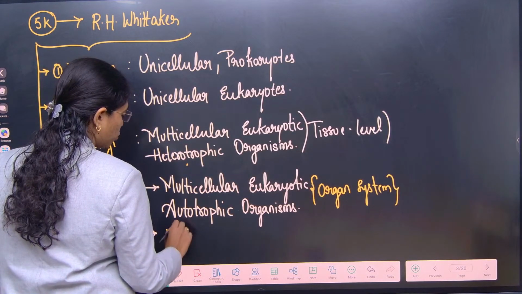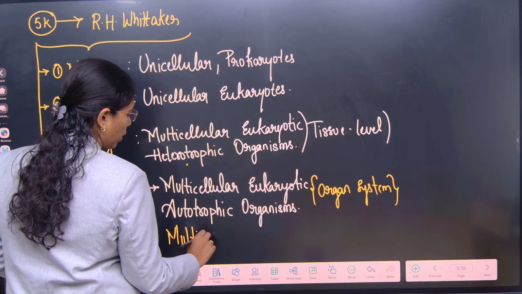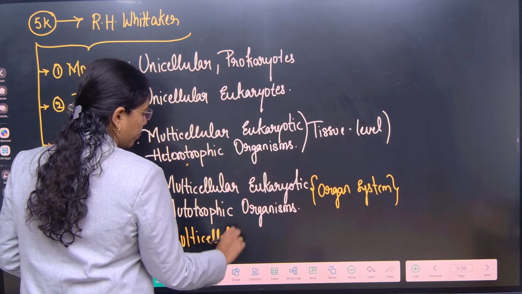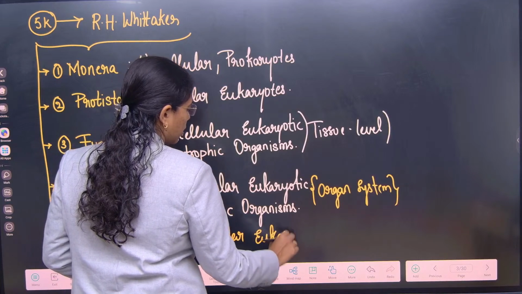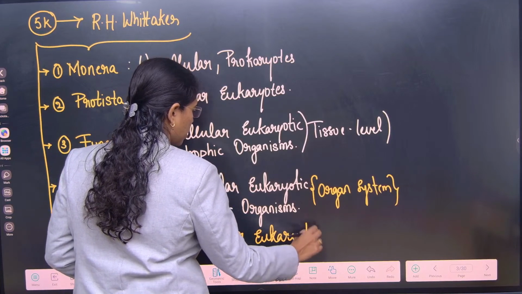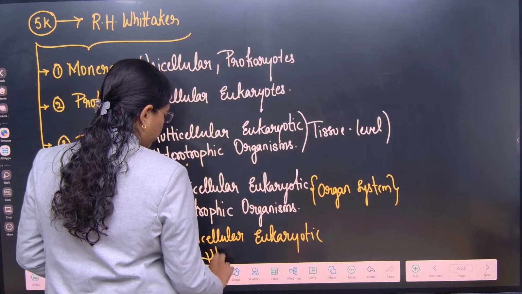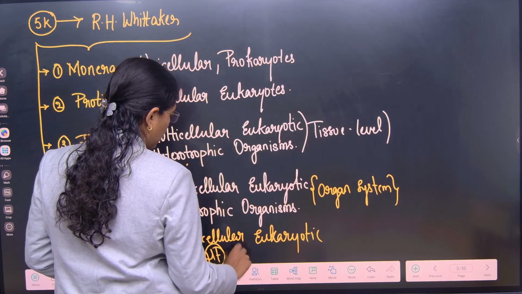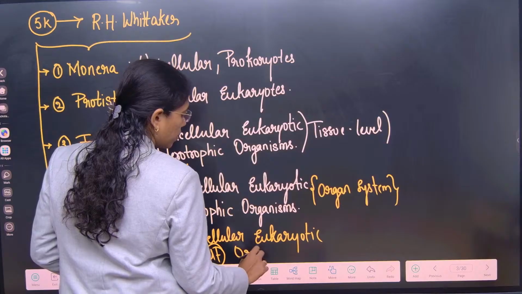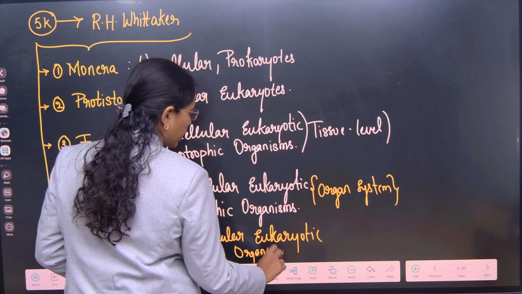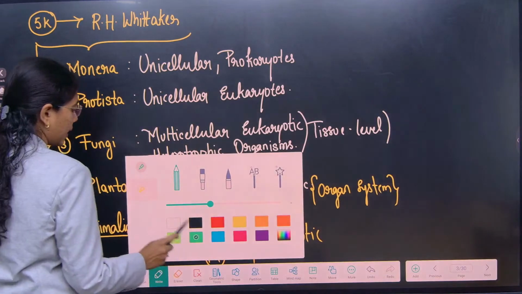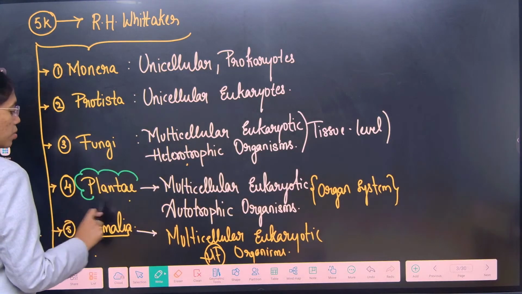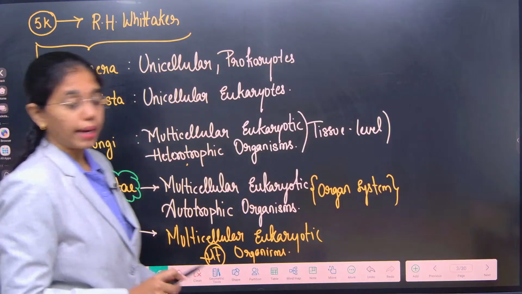In simple terms, multicellular eukaryotic heterotrophic or holozoic organisms. Clear, right? Now we have to elucidate the kingdom Plantae in detail.